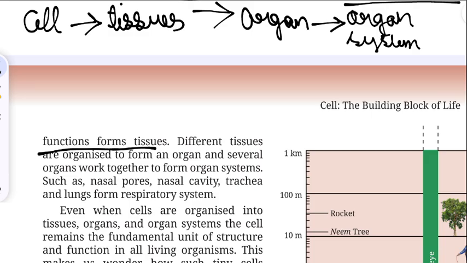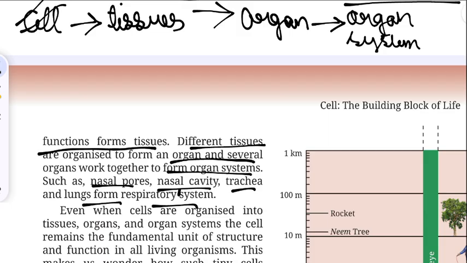Different tissues are organized to form an organ and several organs work together to form an organ system. Such as nasal pores, nasal cavity, trachea and lungs form the respiratory system. You know what the respiratory system is? How does respiration work? When the food taken, carbohydrate, reacts with oxygen, it produces energy, etc. Fine.